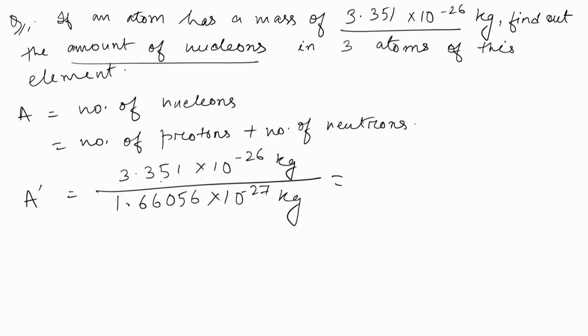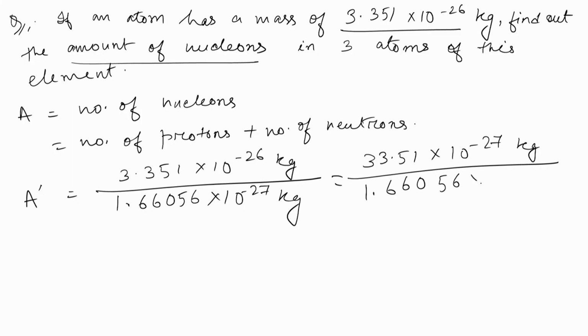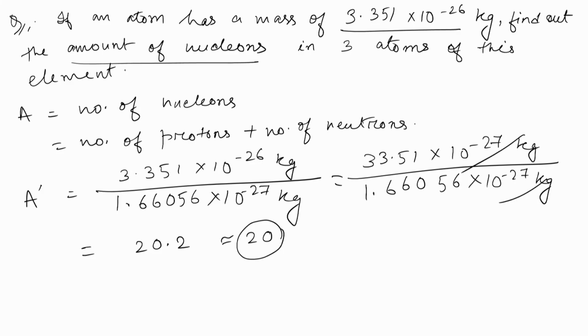We can write this as 33.51 into 10 to the power minus 27 kg divided by 1.66056 into 10 to the power minus 27 kg. Okay. So, we cancel these two, and the answer comes as 20.2, which is equal to 20. So, the mass number here, or the total number of nucleons, is 20.